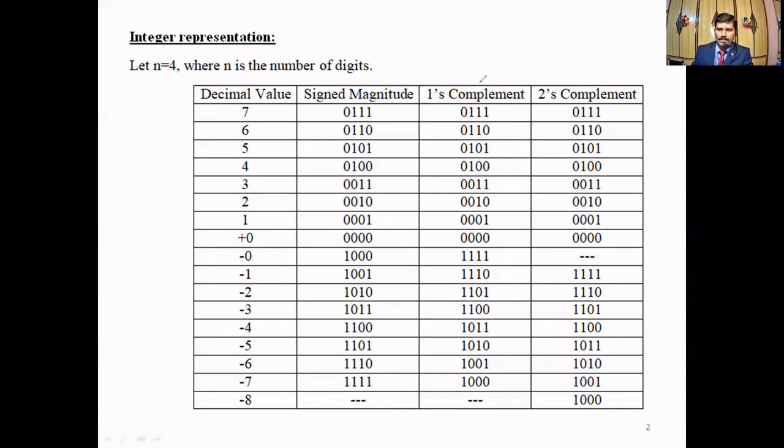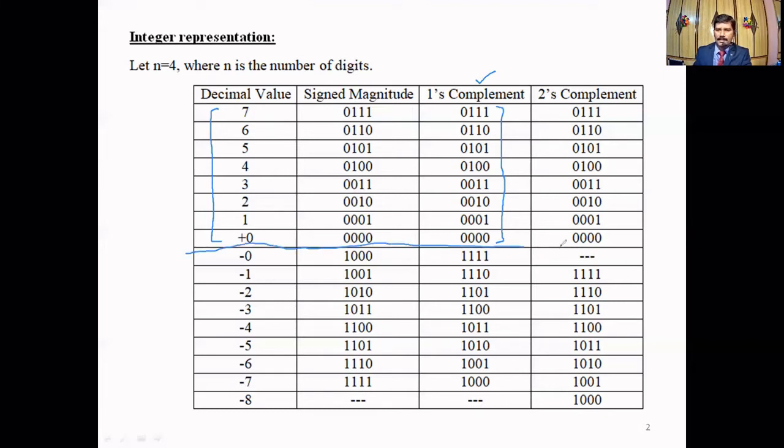Coming to ones complement, some computers will follow ones complement hardware. All the positive numbers from here to here are the same in ones complement, and also the same in twos complement.